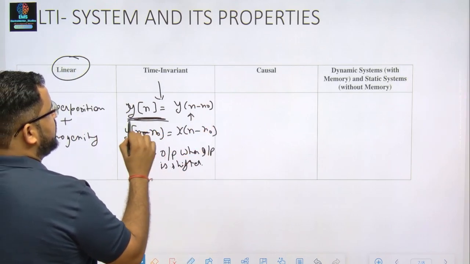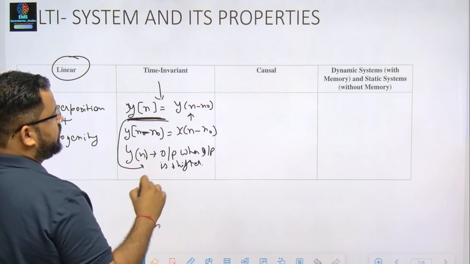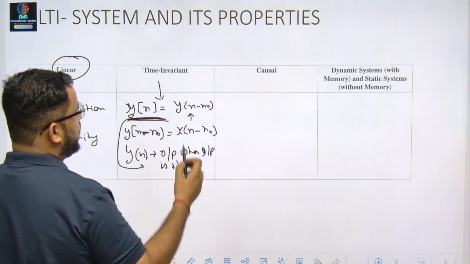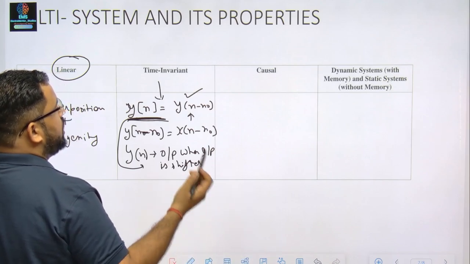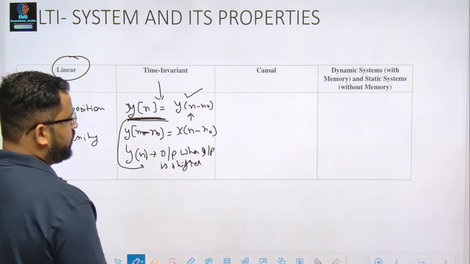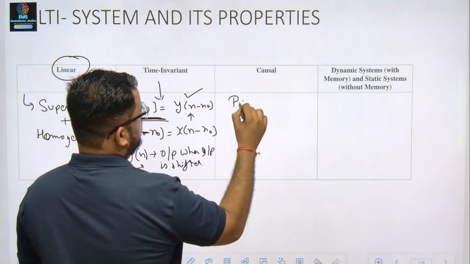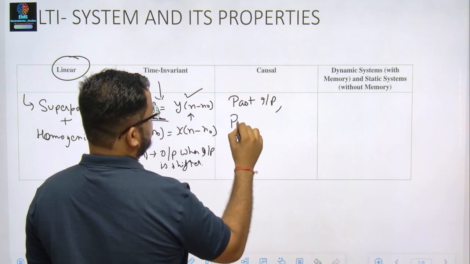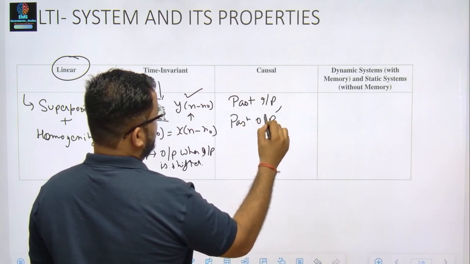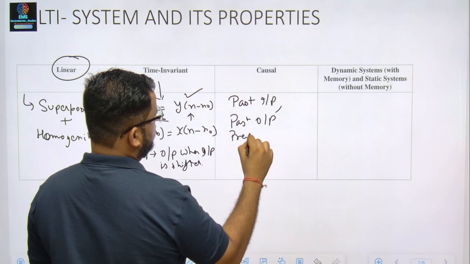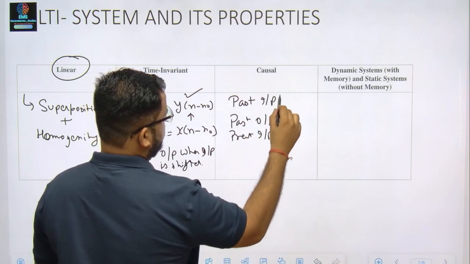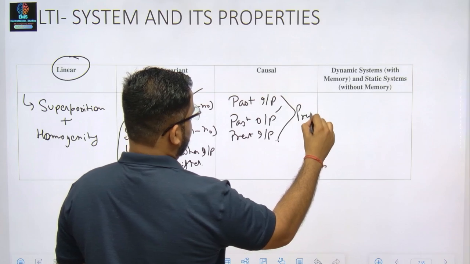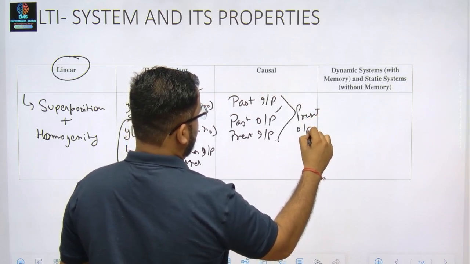My y[n], which is an output I've got when I've just shifted the input. What is y[n minus n0]? When I've shifted the complete equation. Causal: past input, past output, present input will give me present output.